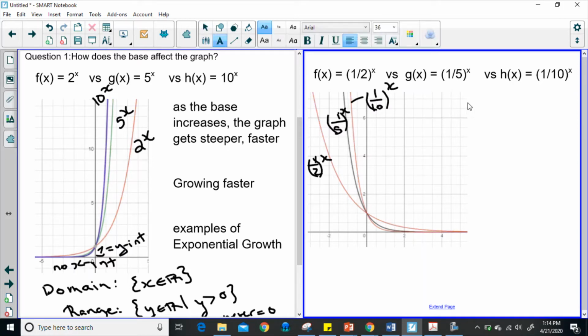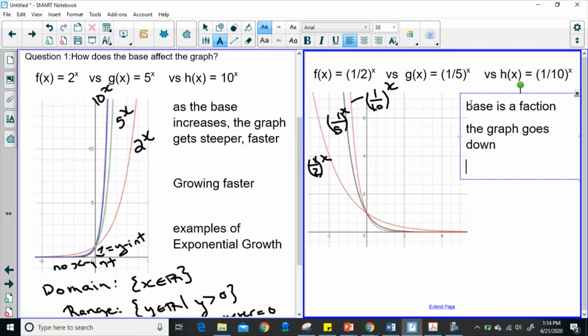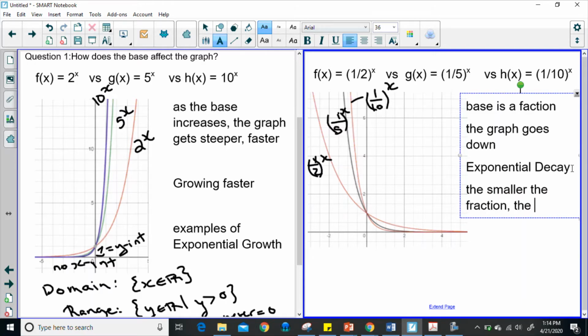This is pretty interesting. Let's see. So now that my base is a fraction, we see that the graph goes down. So we call that exponential decay. Whoa, nice spelling. Exponential decay. The graph has gone down, and we see that the smaller the fraction, right, because 1/10 is smaller than 1/2, the faster the decay.